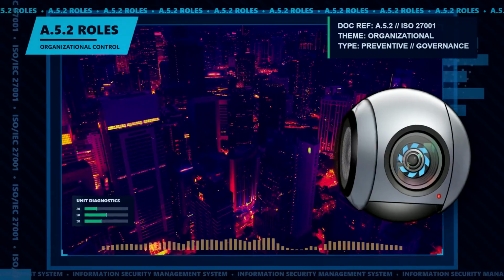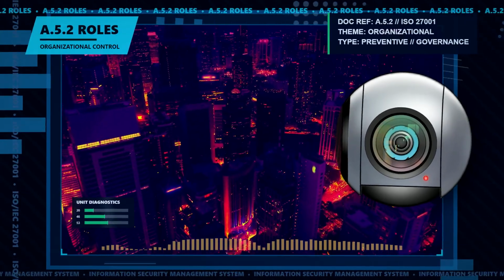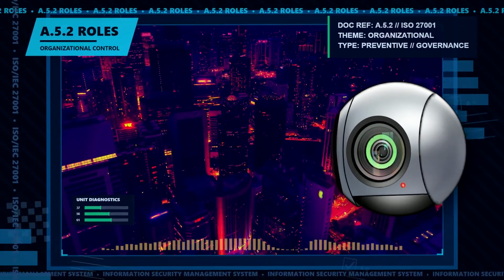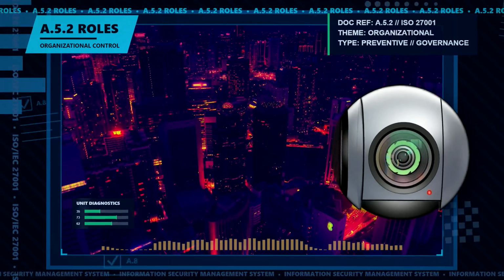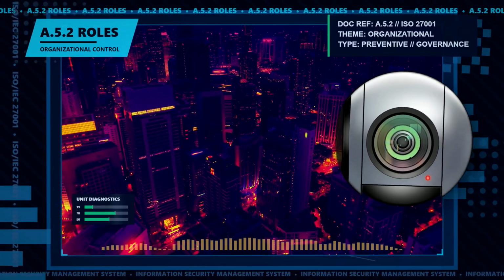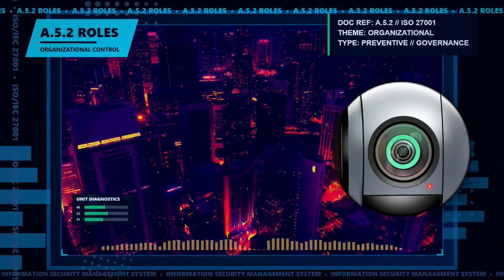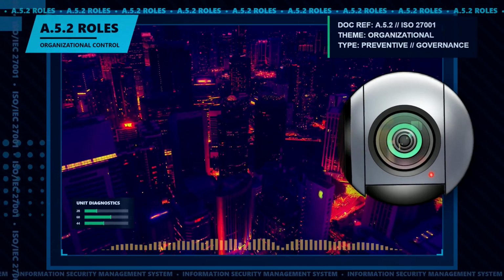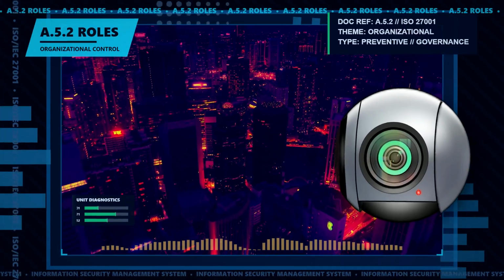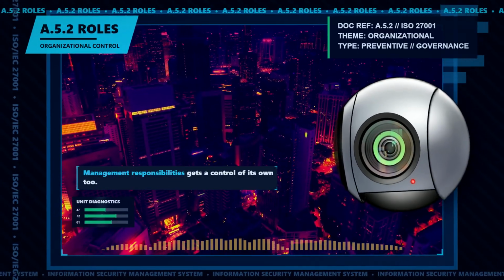Let me name the neighbors, because this control doesn't stand alone. Annex A Control 5.1, Policies for Information Security, sets the rules. This one says who enforces them. Annex A Control 5.3, Segregation of Duties. Annex A Control 5.4, Management Responsibilities.